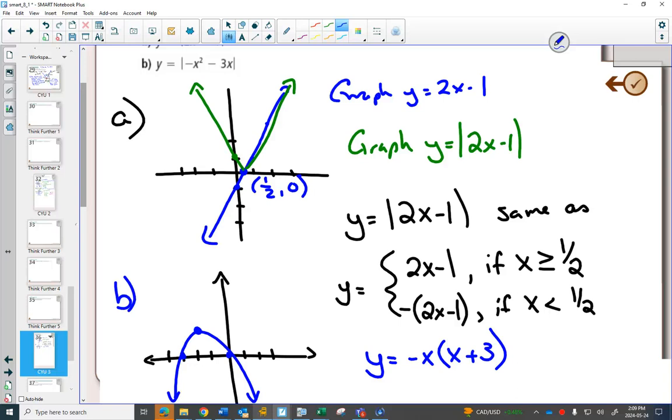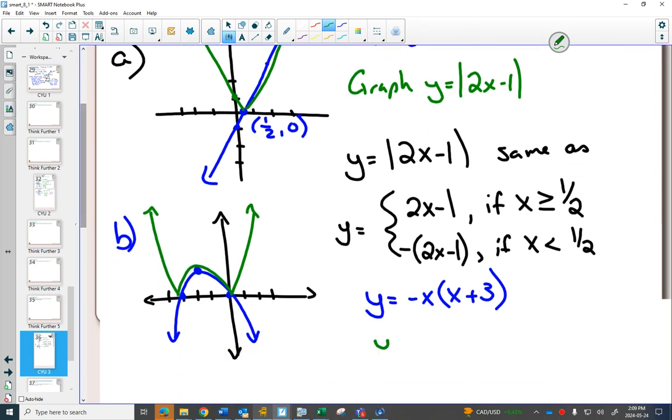Now the absolute value, this part would stay the same, and this part would get flipped up. This would be the graph of y equals the absolute value of -x² minus 3x.